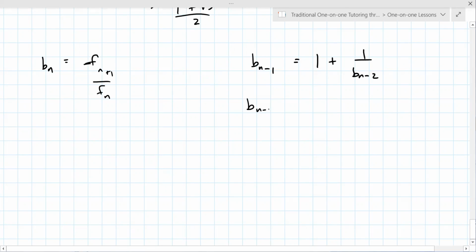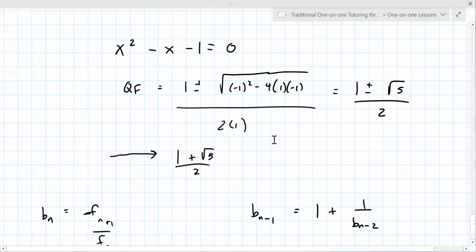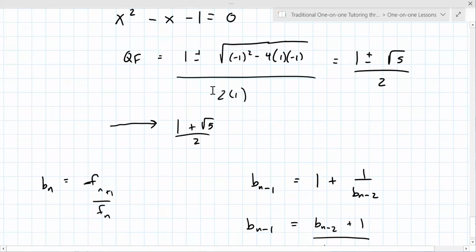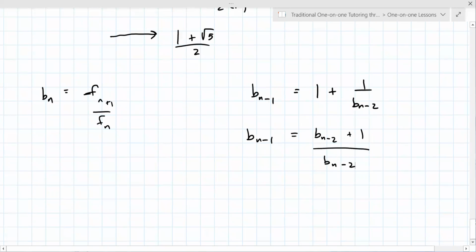So we could maybe rewrite this to Bn minus 2 plus 1 over Bn minus 2. And that is kind of this, kind of. Right. Somehow we've got to make the relationship.